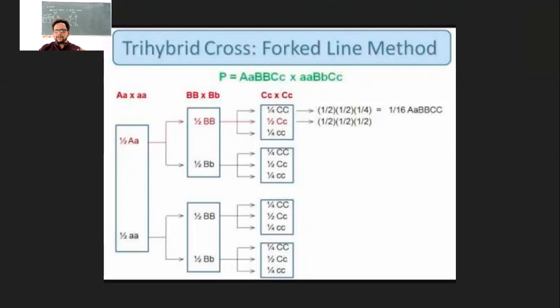For example, you can take seed shape, seed color, and then you add flower color to it, and then you keep doing this fork line method. You will get various individuals. So you will ultimately get 3 plus 3, that is 6, and these 6, 12 individuals with different proportions, as in these ratios will be very different.